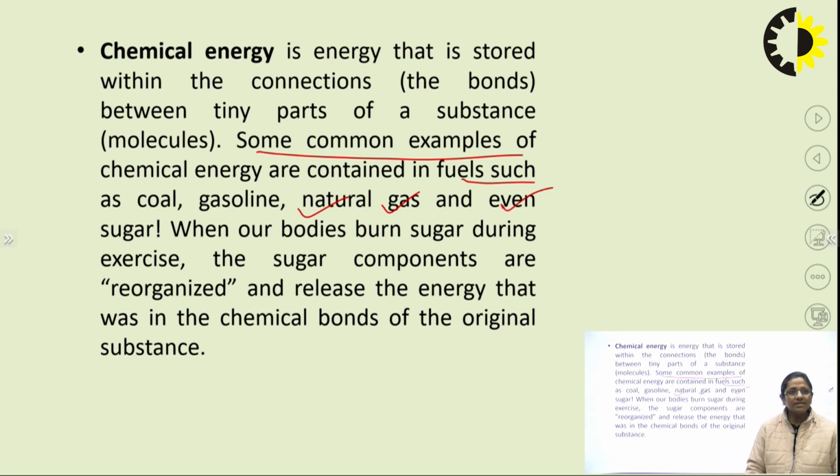When our bodies burn sugar during exercise or workout, the sugar components are reorganized, and in this reorganization of the sugar components, some amount of energy is released. That is due to the change in chemical bonds of the original substance.